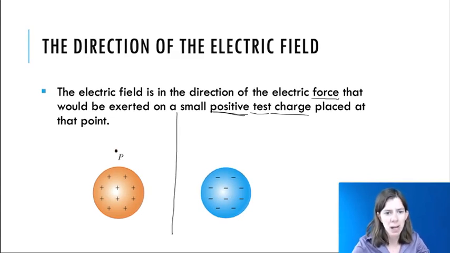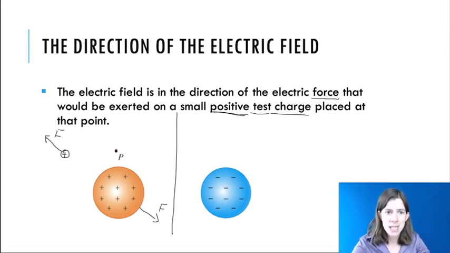Okay, if we have a positive charge here, and we put a positive charge nearby, we know that two positive charges repel each other, and this positive charge would experience a force away from the other positive charge. This positive charge would also experience a force away from that positive charge.